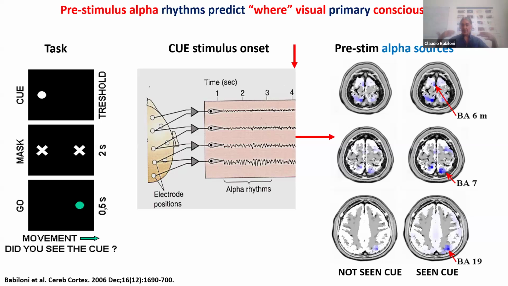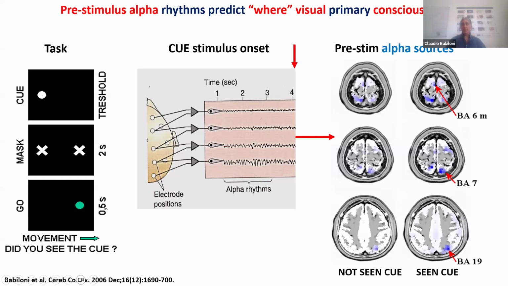And so we could analyze separately the subset of seeing cue stimuli and not seeing cue stimuli, so that we could compare the results. So you see that the results before the visual stimulation with the cue were represented in terms of cortical activation in the alpha frequency.